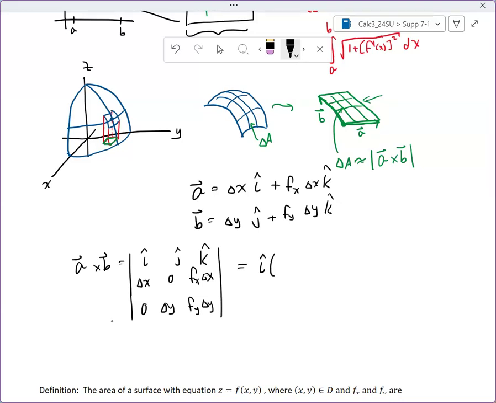And this gives me i hat times 0 times fy delta y, and then minus fx delta x delta y. Get that minus.